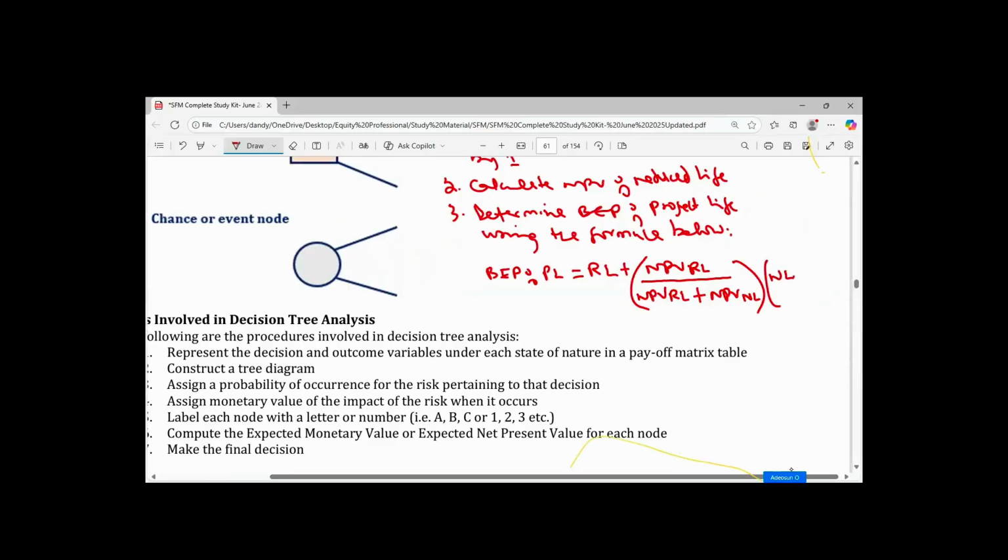So this is the formula, just as if you want to calculate internal rate of return.